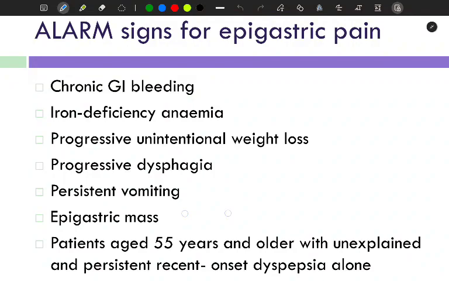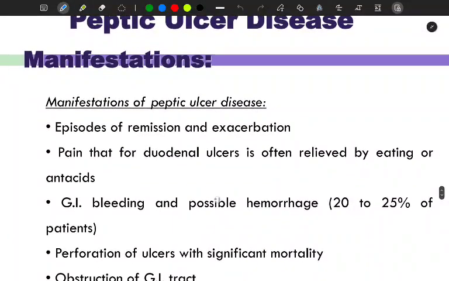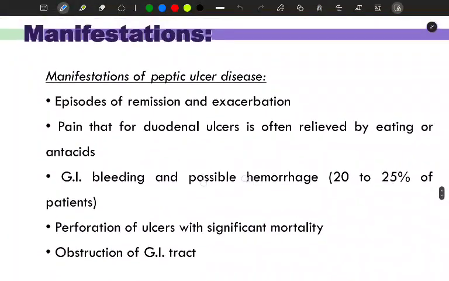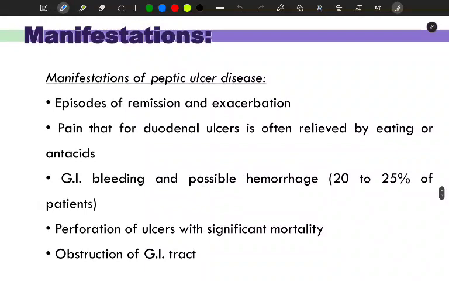Manifestation of peptic ulcer disease: episodes of remission and exacerbation. Patients sometimes have remission, sometimes exacerbation. Pain due to duodenal ulcers is often relieved by eating or antacids. GI bleeding and possible hemorrhage occur in 20 to 25%, so 20% of them will bleed, not that much.